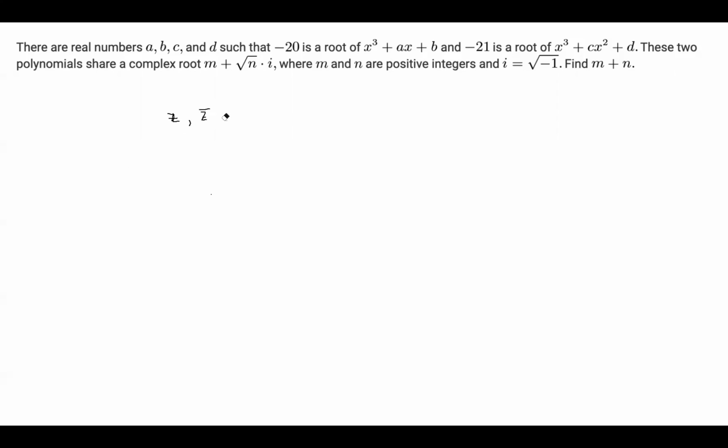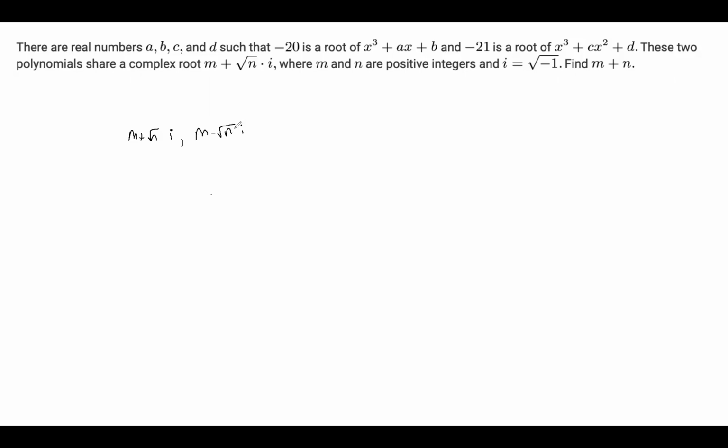So in this case, if you've got a polynomial with a root m plus square root of n i, then another root of that polynomial must be m minus square root of n i.